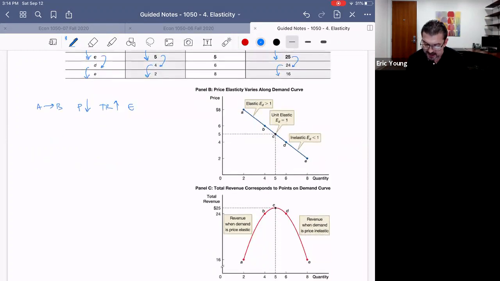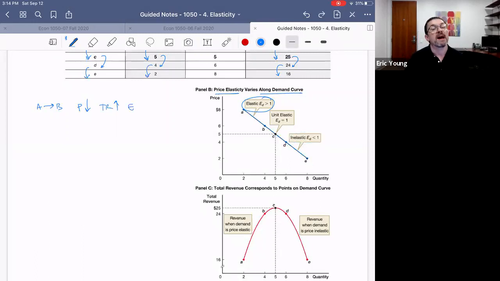So we can summarize this by taking a look at price elasticity along a linear demand curve. The basic idea is that the top half of the curve, here shown by points A through C, is going to be elastic. The bottom half of the curve, here from point C to D, is going to be inelastic.